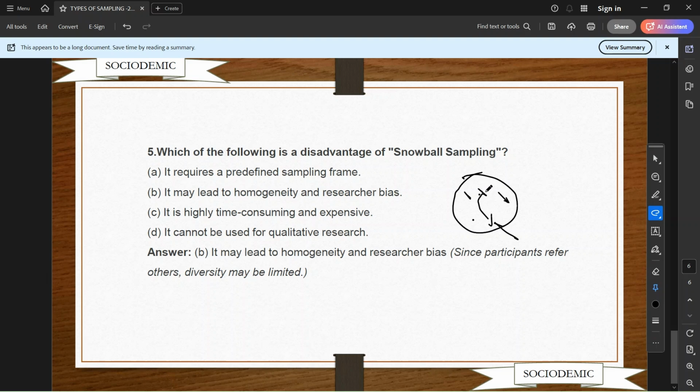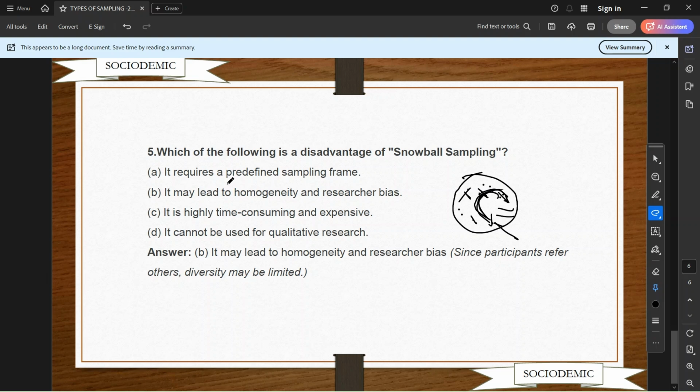This individual refers this individual. So there is no autonomy for the researcher. Respondents are referring other respondents. This is called the snowballing effect. Snowballing, it is going big, and we are taking all the opinions. That is called snowball sampling.